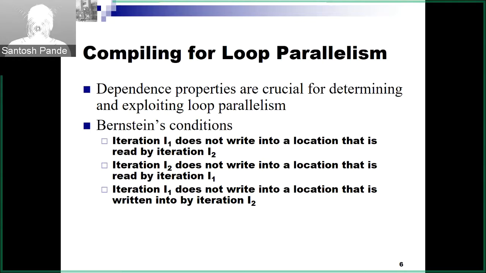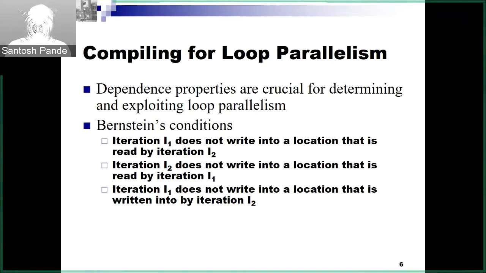The original guarantee that a value is generated by I1 first and then consumed by I2 is gone. And so the true dependence will be violated, assuming I1 occurs before I2. In a symmetric way, one can argue the other way also, and that would be anti-dependence, which is getting violated.